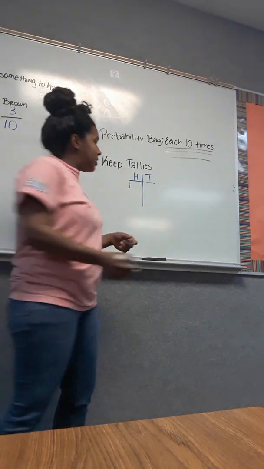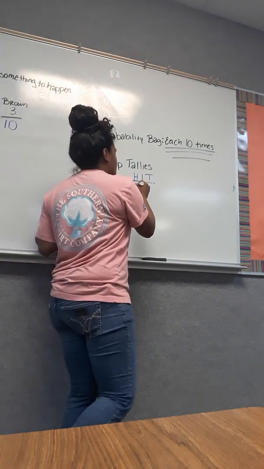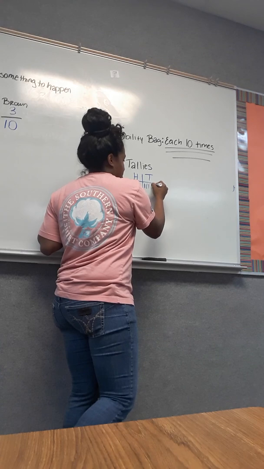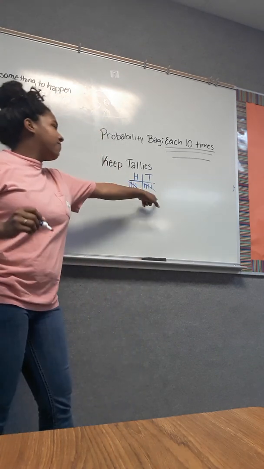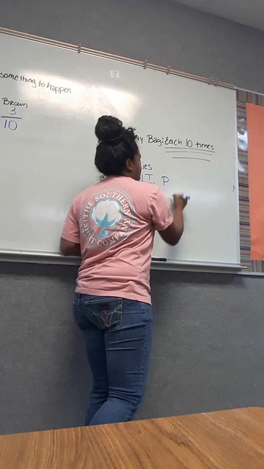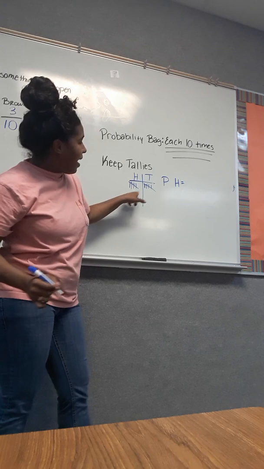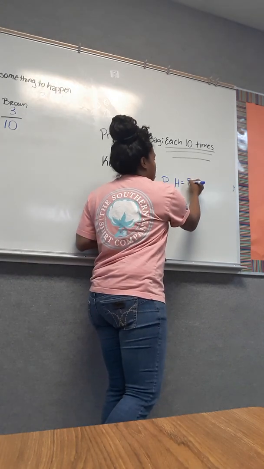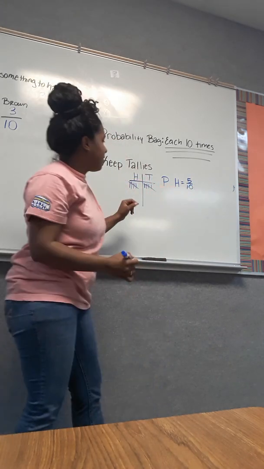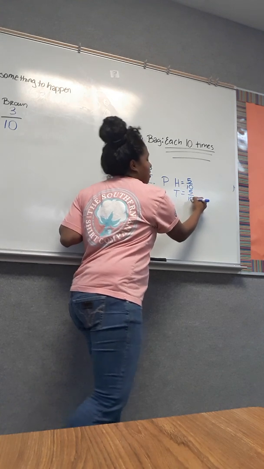Flip it again. If you get tails, you'll put tails. As you go all the way through, say you get 5 and 5, you'll then write out to the side, the probability of getting heads is 5 out of 10. Okay, the probability of getting tails is 5 out of 10.